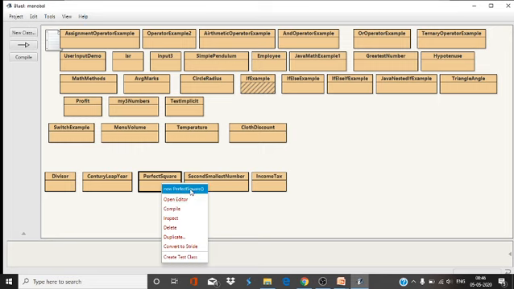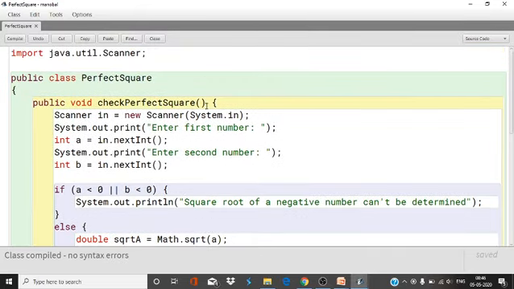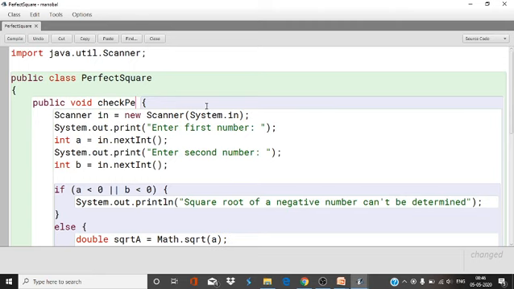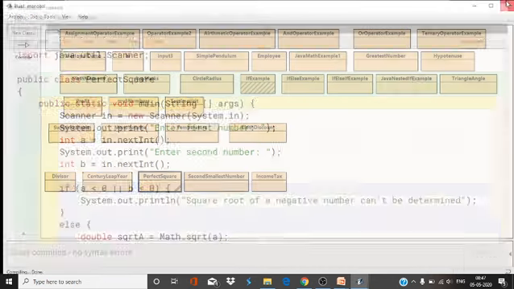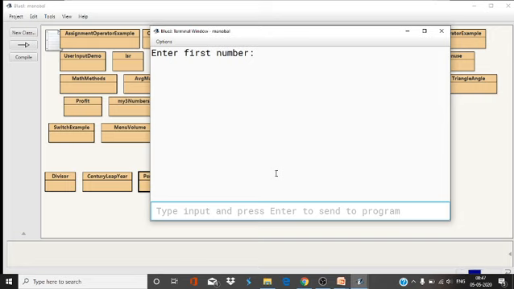Suppose the first numbers I have entered are 81 and 100.